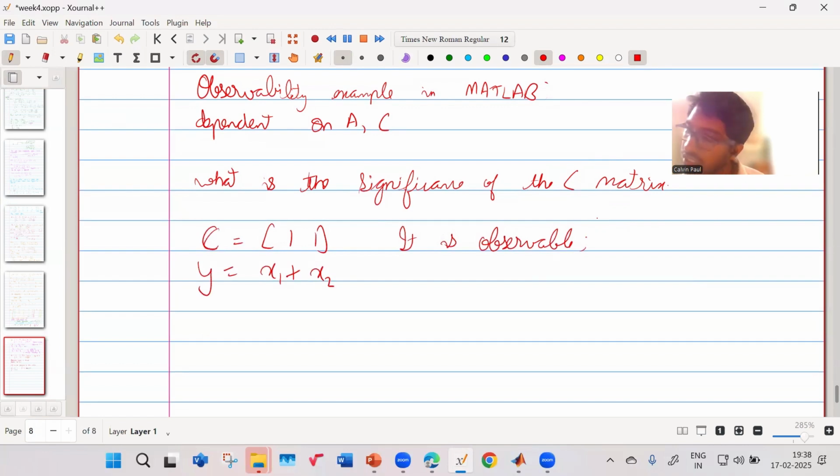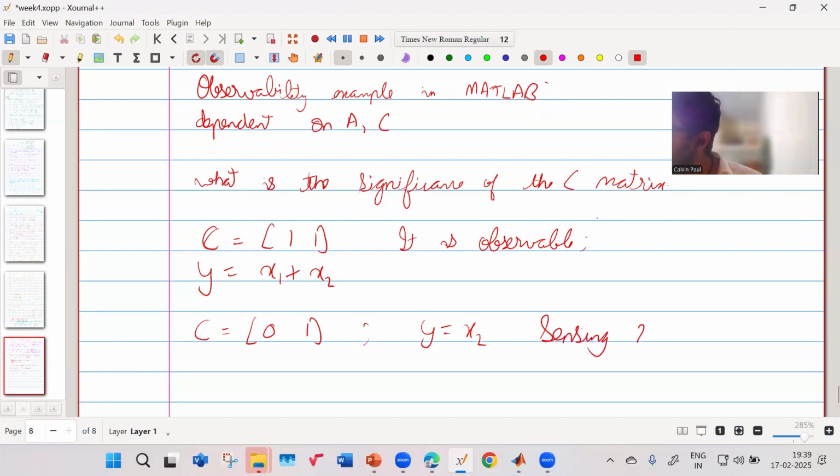It means that when I'm sensing my output Y and I know what my input is, I can get what my initial condition for x1 and x2 was. I can back calculate it. My estimator can get that value. It is possible. That is the definition of observability. Now I made the matrix C to be [0, 1]. That means I'm only having Y equal to x2. It means I'm only sensing state x2.